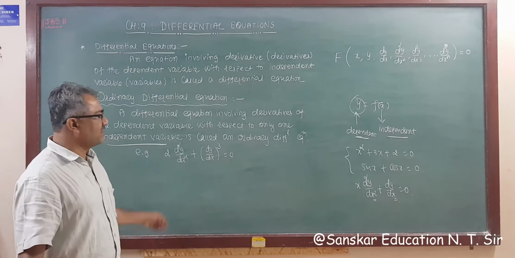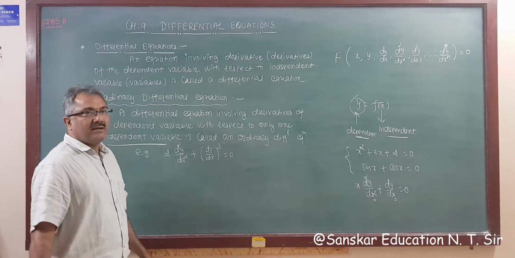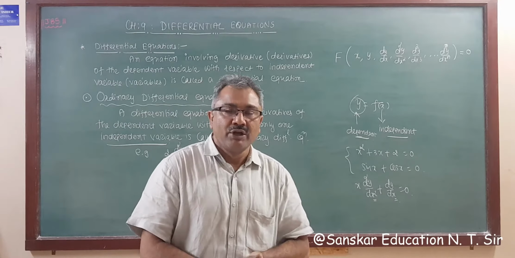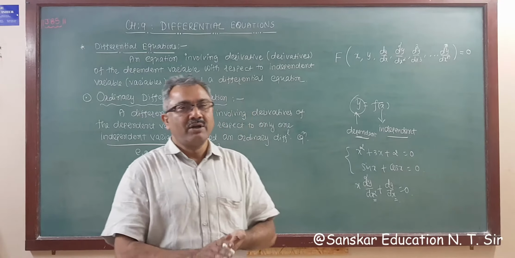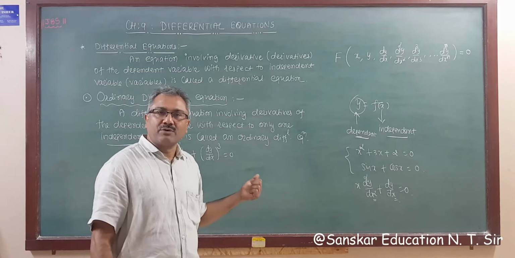This type of equation is called an ordinary differential equation. And for studying differential equations, you need knowledge of order and degree. So we have to learn about order and degree.